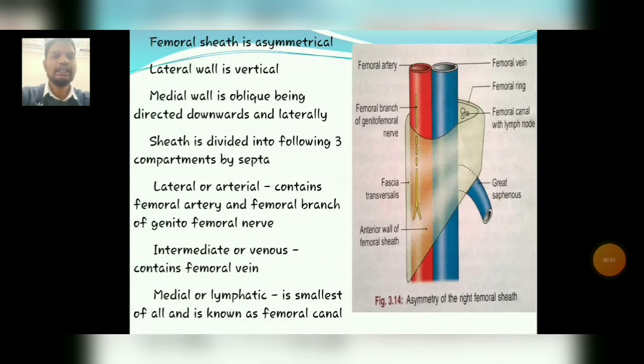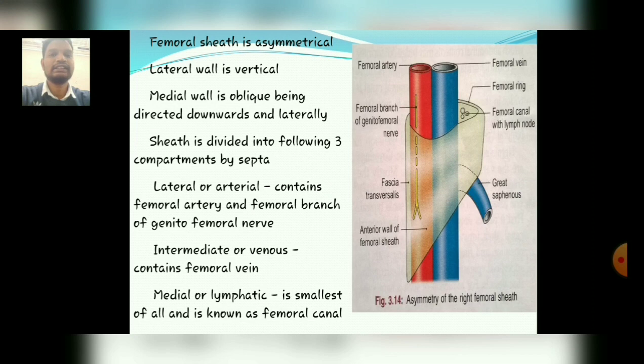As you see in the diagram, this diagram represents the asymmetry of the right femoral sheath, which covers the femoral artery and the vein within it. The femoral artery and the femoral vein are covered by a thin membrane, the anterior wall of the femoral sheath. Along with the femoral artery and vein there are some lymph nodes.